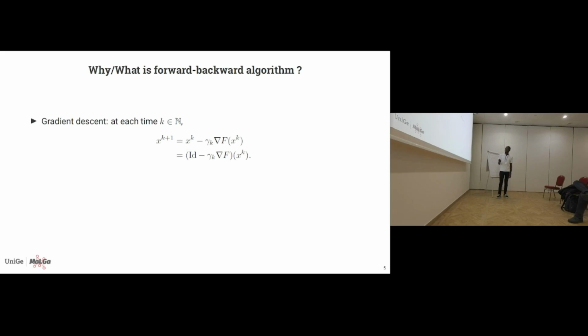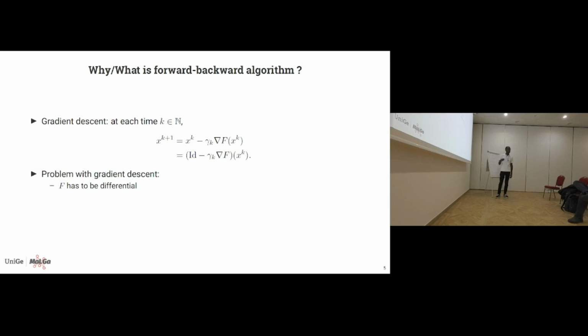You can put gradient descent as an operator applied to your previous step, then you move to the next step. But the problem here is that the function has to be differentiable to have the gradient, and that can happen not to be the case.